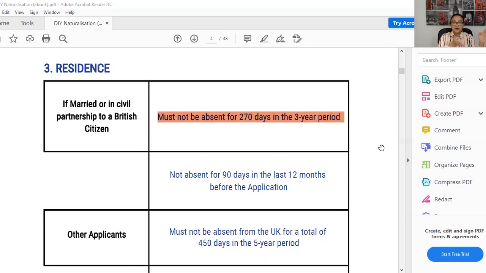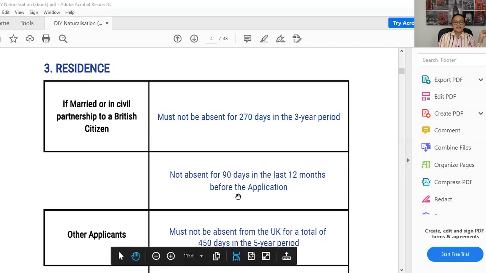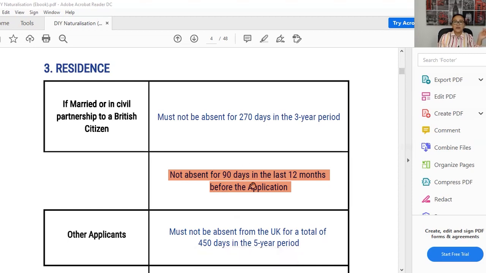So 270 days, and then you must not be absent for 90 days in the last 12 months before the application. For example, you want to apply today, so you go back 12 months. Were you absent from the UK for a total of 90 days? If you were absent for 90 days, then that goes beyond this requirement, because there are two stages to this requirement.